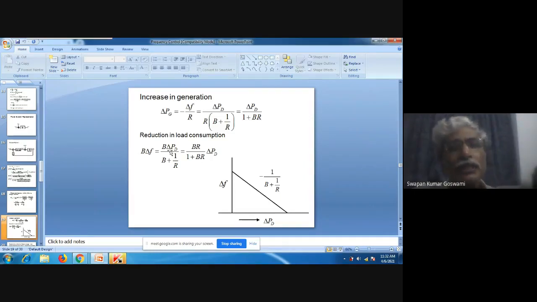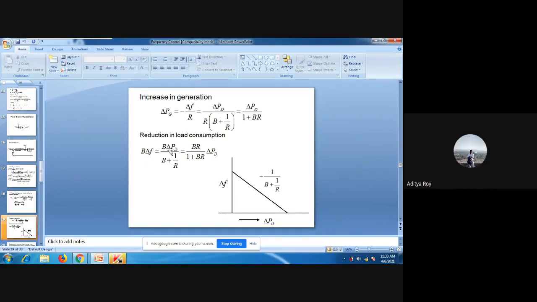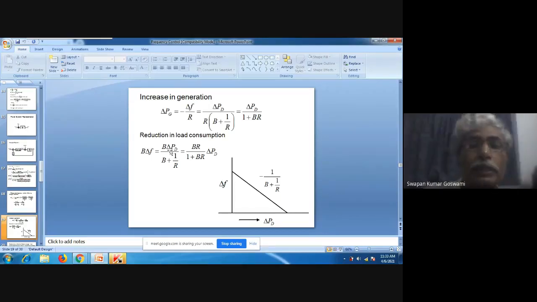So the generator's speed starts decreasing, and as it does so, the kinetic energy stored inside the generator decreases, and that kinetic energy is being consumed by the load as the required power. So is it clear? Yes, sir. Okay.